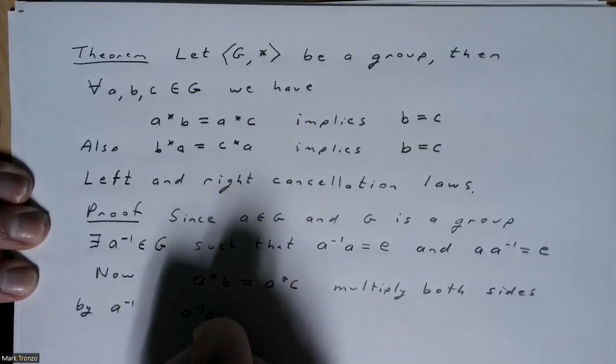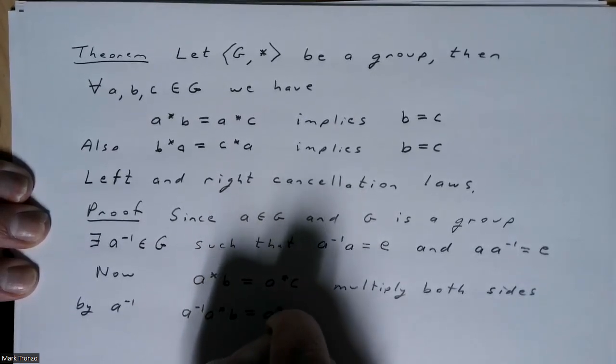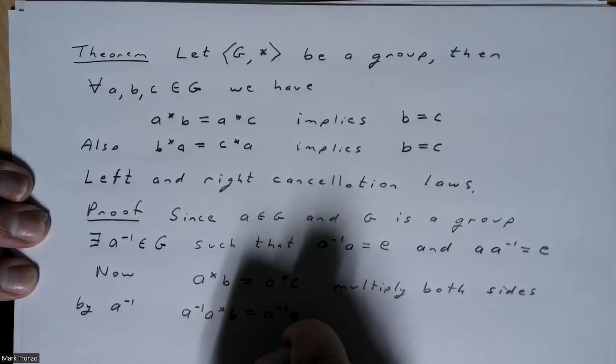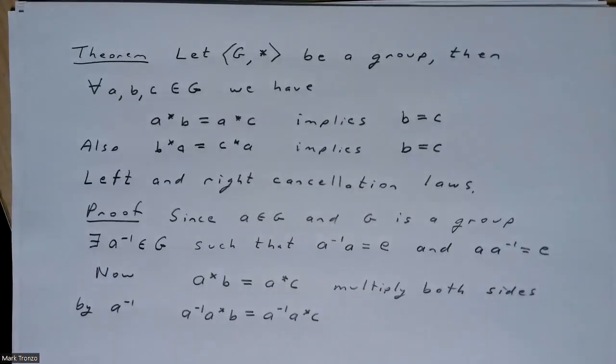So we're specifically multiplying on the left, because remember, it's a group, so we don't necessarily know that the members of the group commute.